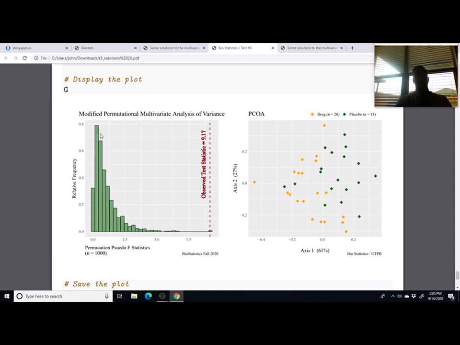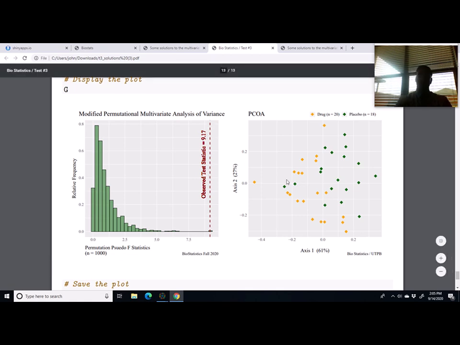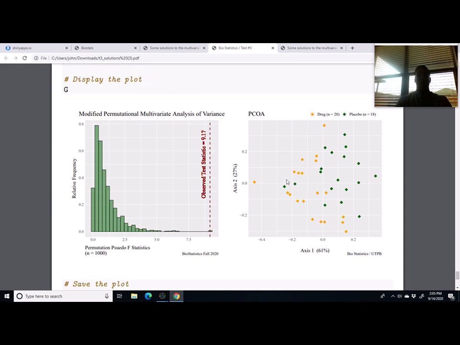These were the pseudo F statistics computed under the null hypothesis. And this was the observed value, so that looks significant. And on the right, you see this principal coordinate analysis plot, where you can also see a pattern going on. So these two match up, and they're both a part of the analysis. And from this, you could make the conclusion that there is a difference in the location of the centroids of the drug and the placebo for this multivariate data set.